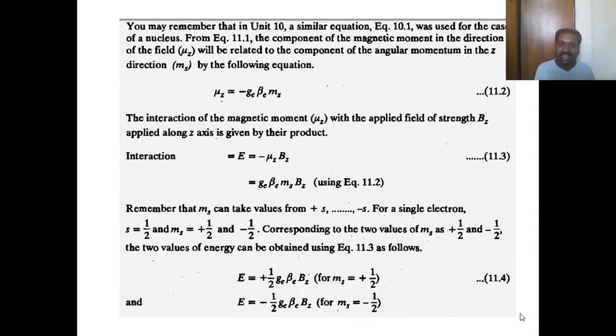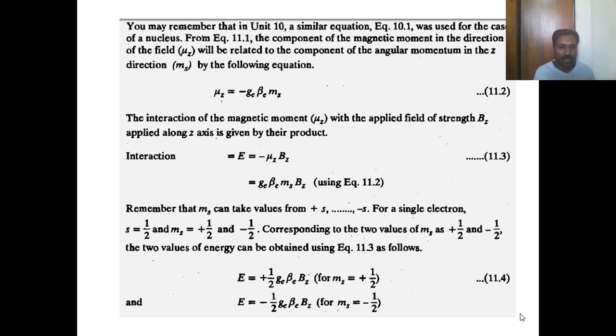But when there is an external field, the magnetic moment in the z direction is important to us now, which is given by g_e beta_e into m_s. The energy of the interaction between the magnetic moment and the applied field is given by E is equal to g_e beta_e m_s into Bz.